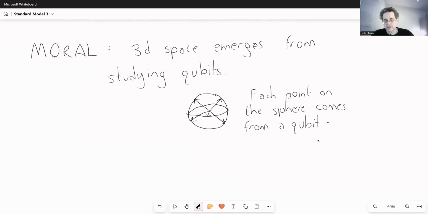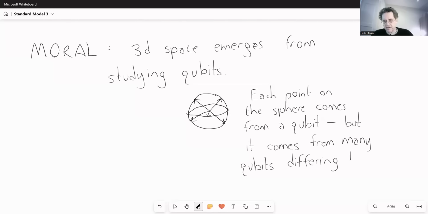But also, each point on the sphere actually comes from many different qubits, and those different qubits differ by multiplication by a phase. I'm not proving that, I'm just claiming that.